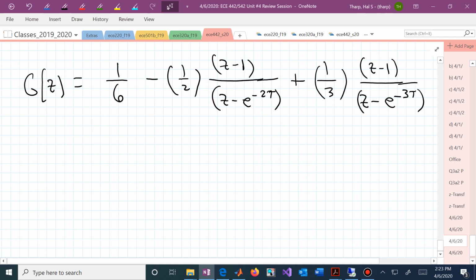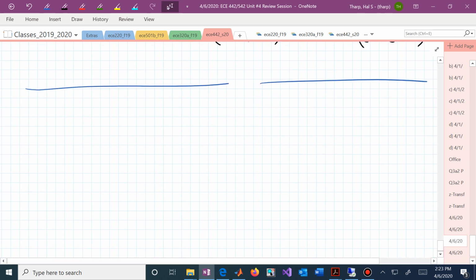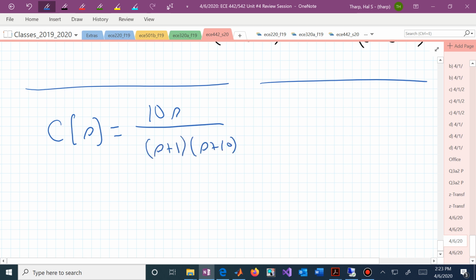Maybe somebody now says, you know what, I want a discrete equivalent. I have a bandpass filter that I want you to now implement digitally, where let's say this bandpass filter is 10s over s plus 1, s plus 10.